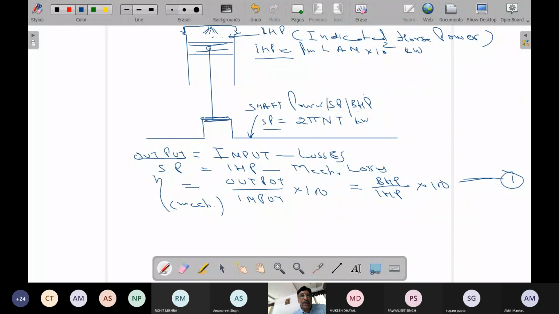Let us say the IHP, or the power developed inside, was 100 kilowatt. All right. Out of this, 10 kilowatt went waste through heat transfer through the exhaust gases, etc., plus friction losses. So losses are how much?